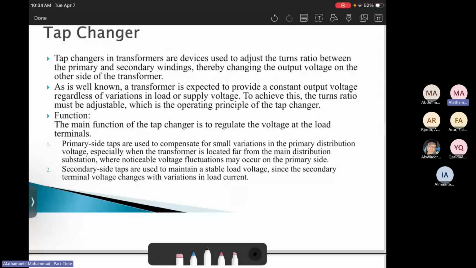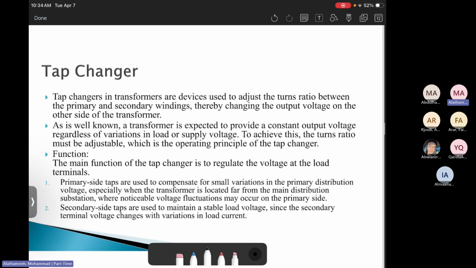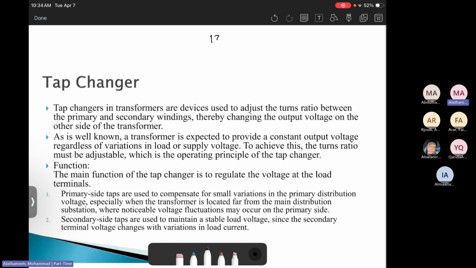Tap changer. Now, of course, I think you already heard of tap changer before, but what's the point of the tap changer? It is basically to increase the voltage and decrease the voltage. But the voltage has already been determined, right? We already have 132 kilovolts converting to 33 kilovolts.